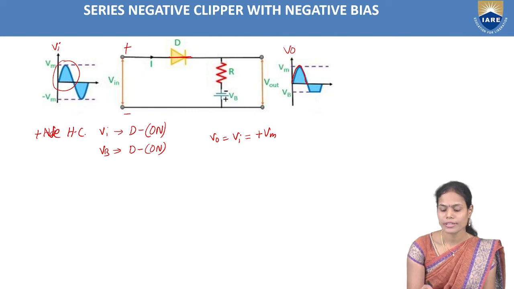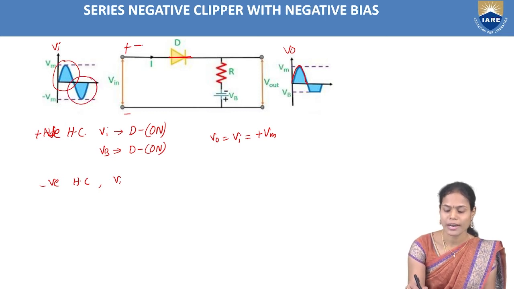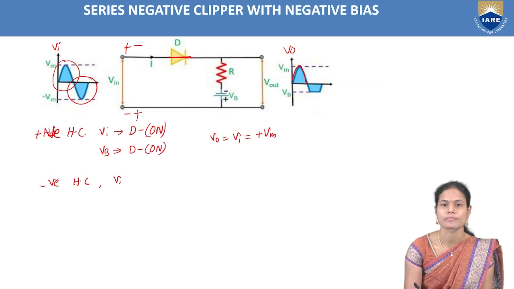Similarly, for the negative half cycle of my input, here it is minus, here it is plus. Since we are providing a negative voltage to the anode terminal of the diode, Vi is making the diode go into the off state. And what about VB?